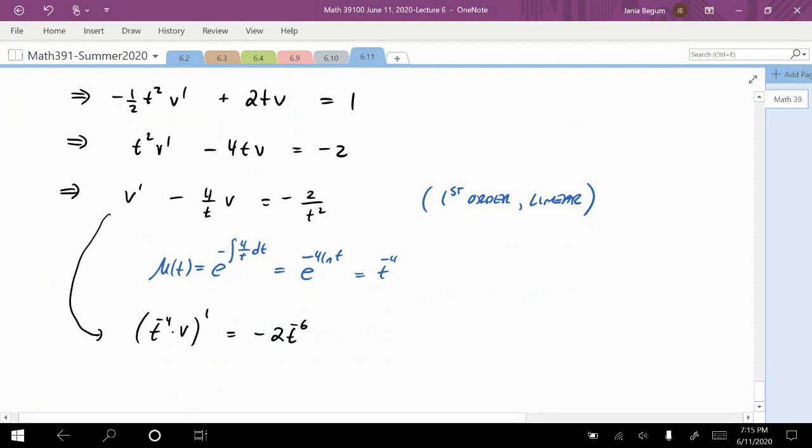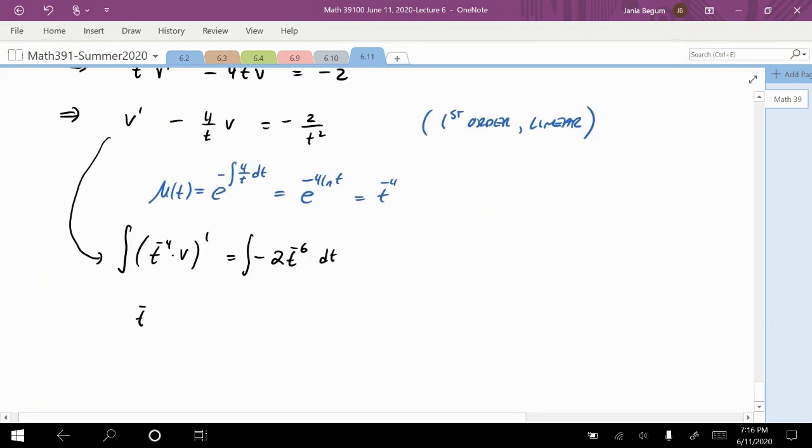Well, now we want to solve for this function v, so we integrate both sides with respect to t. That will give us t to the negative 4 times v is equal to, if I integrate the right side, what do we have? You add 1 to the exponents, right?